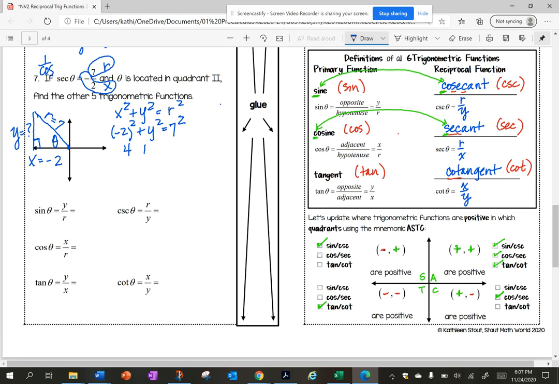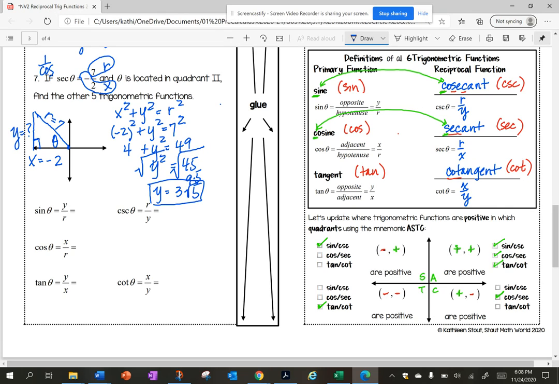So 4 plus y squared equals 49. I'm going to subtract 4 from both sides and I get y squared equals 45. I want to take the square root of both sides. And I know that I can simplify 45 with a perfect square with 9 times 5. So I get y equals 3 times the square root of 5.